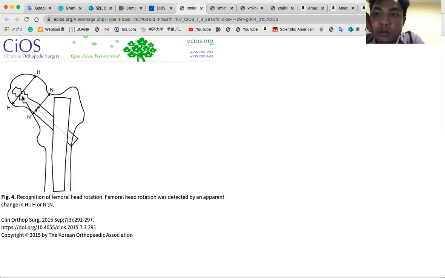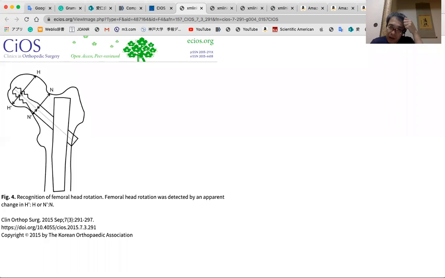But we can recognize the femoral head rotation only in the case where the lag screw is not inserted at the center of the femoral head, because if this length and this length are equal, that implies the lag screw is inserted at the center of the femoral head. Even if the femoral head rotates, we cannot recognize it from the ratio of this length and this length.